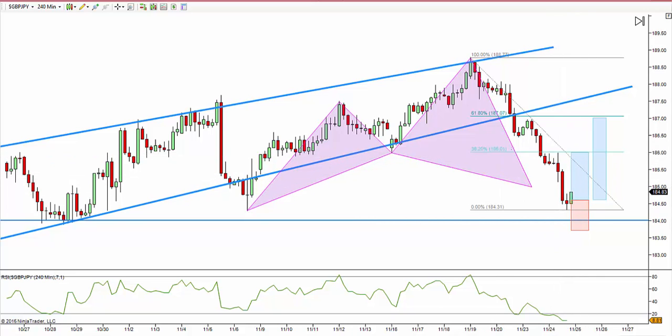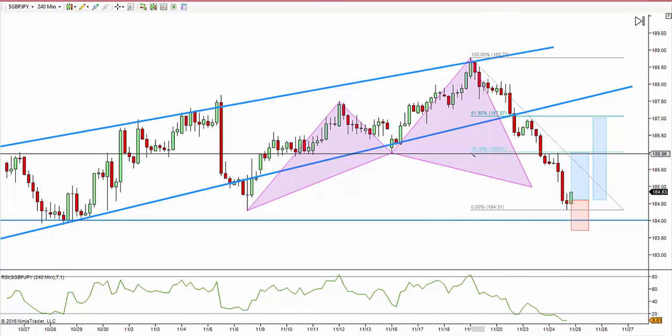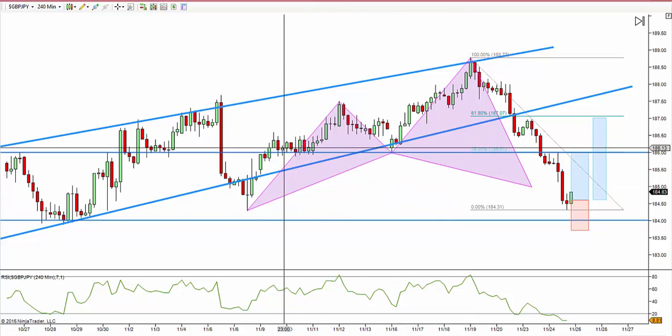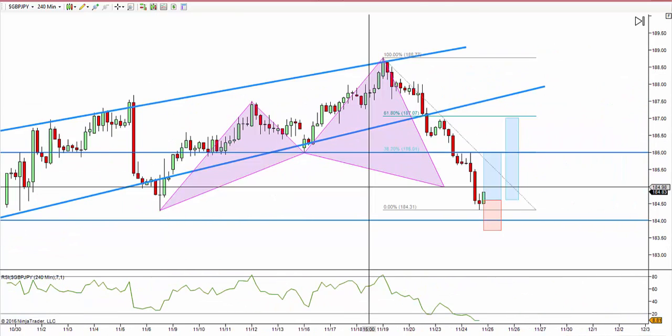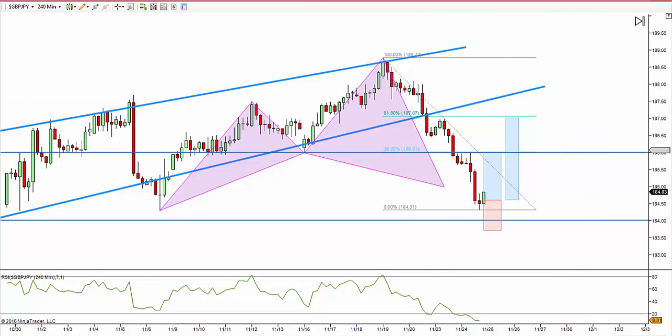Also, you notice the 186 even handle again, coming in at structure, a shelf for structure there again, structure over here. So aside from the fact that the 38.2 is my target 1 level anyway for these patterns, but also adding the even handle number plus the structure that is across here gives me more confidence that that's where price is likely to get to. And in actual fact, I've got my target ones a little bit below that number because I want to make sure I get filled.